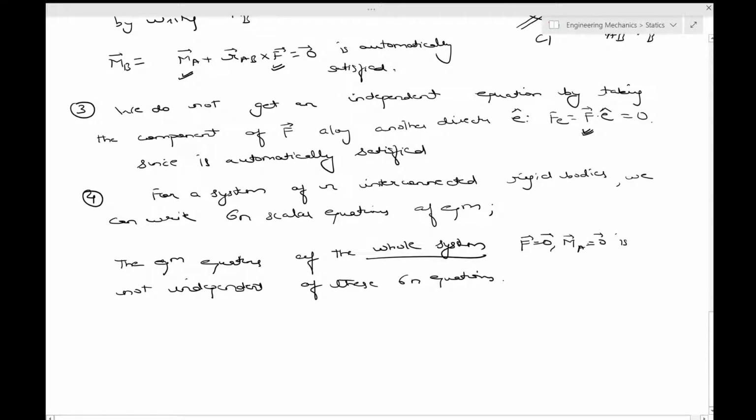The whole point is that the internal forces will cancel if you take the whole system, but these are not independent equations. Okay, so that's again something which you can note.